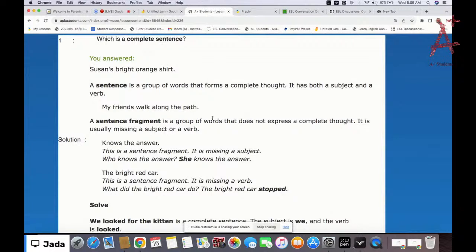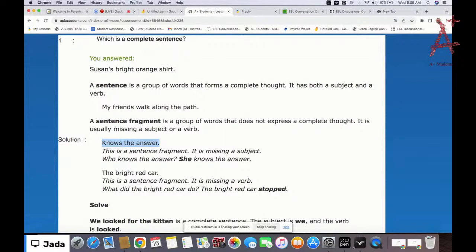Now we have some examples for the sentence fragment that would help us understand clearly what we're talking about. Knows the answer. If you just come up to someone and say "knows the answer," does that make sense? No, it doesn't, because who knows the answer?